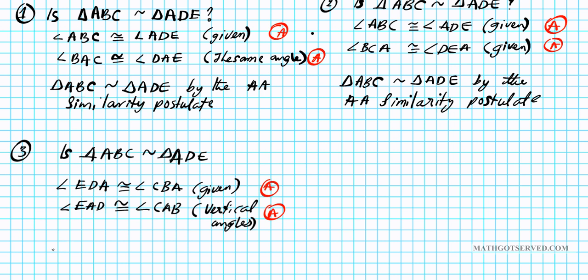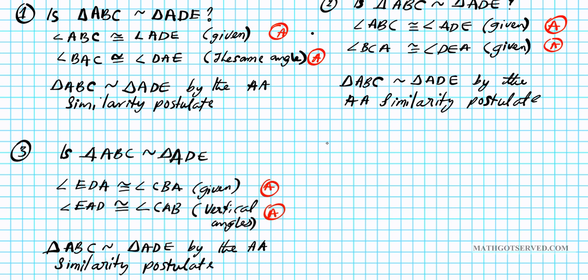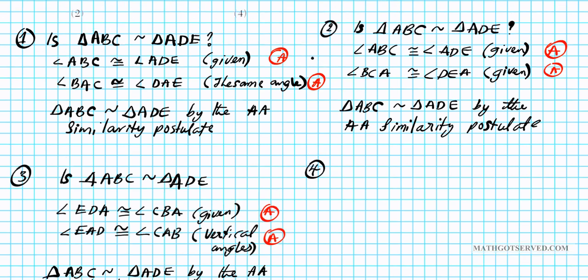AA is sufficient to conclude that two triangles are similar. So triangle ABC is similar to triangle ADE in case 3 by the AA similarity postulate.